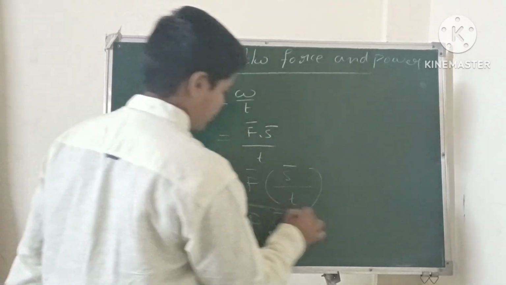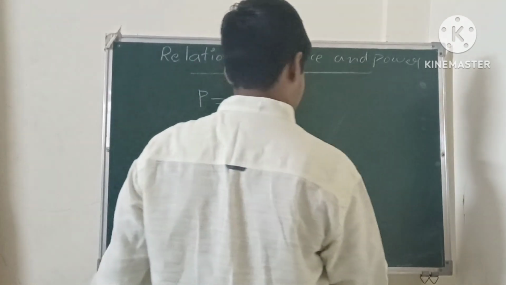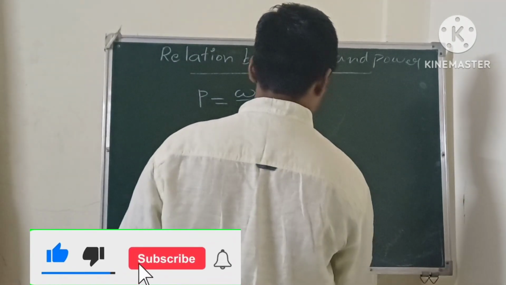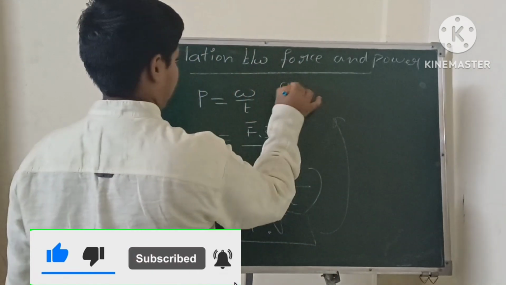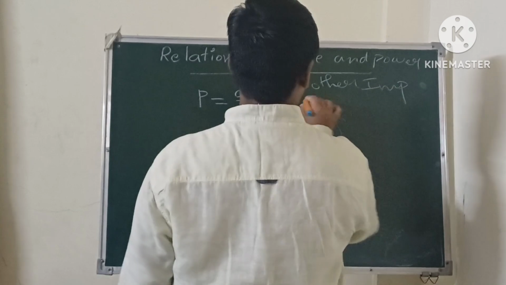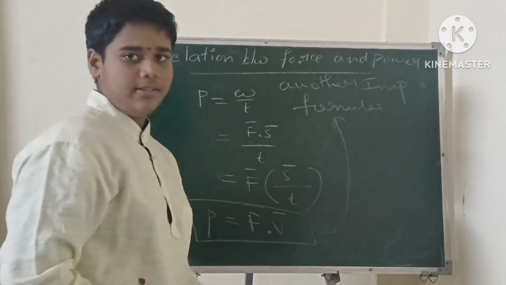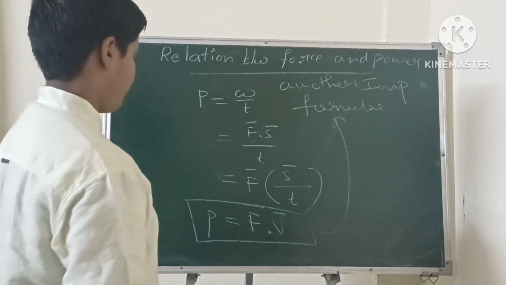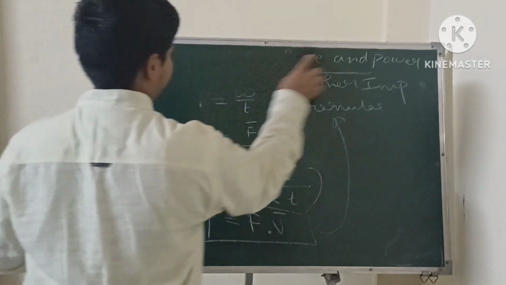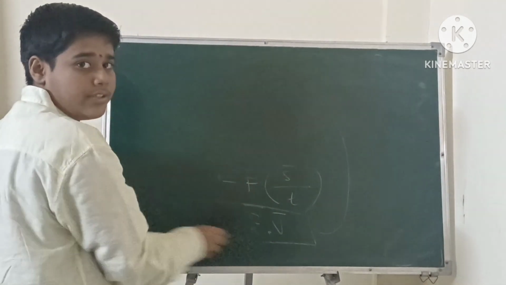So here power is equal to force into velocity also. This is another important formula. Okay. So this is the relation between force and power. Power means force into velocity.